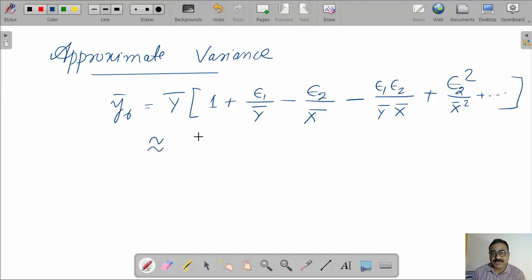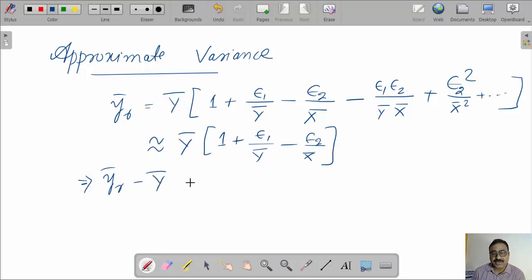Now considering up to the first order of epsilon, this is approximately equal to y bar into 1 plus epsilon 1 by y bar minus epsilon 2 by x bar. So this implies y r bar minus y bar is approximately equal to epsilon 1 minus r epsilon 2, where r is equal to y bar by x bar, the population ratio.